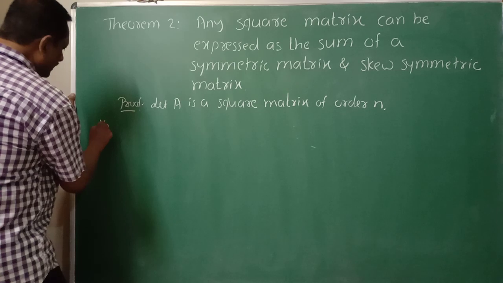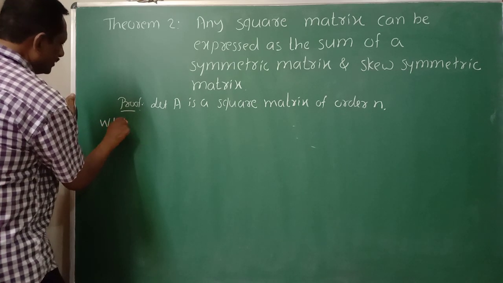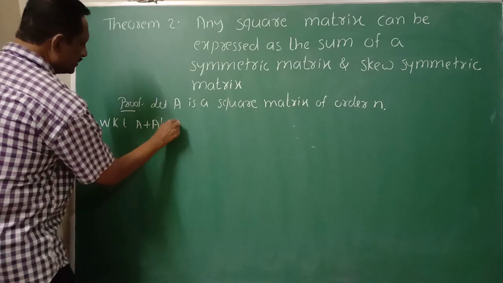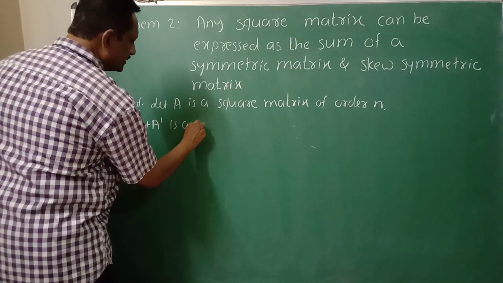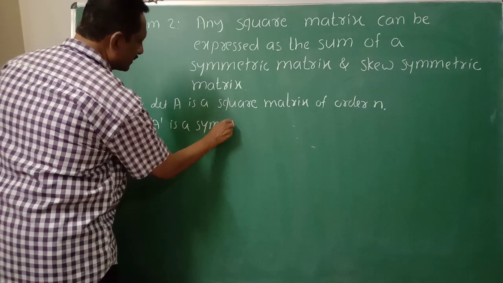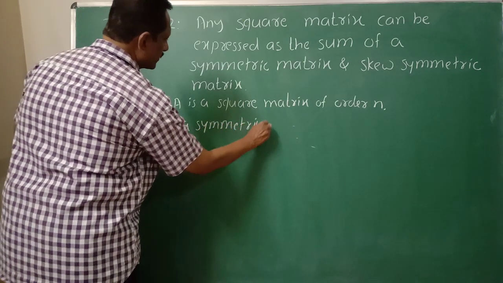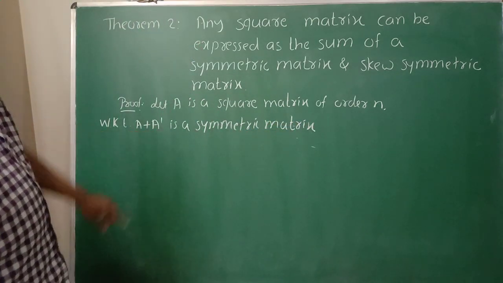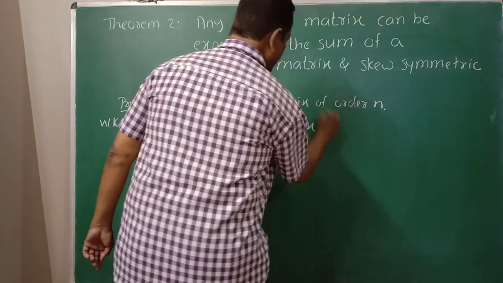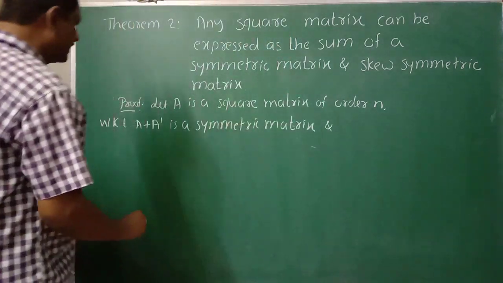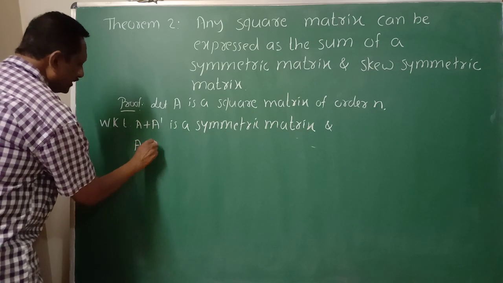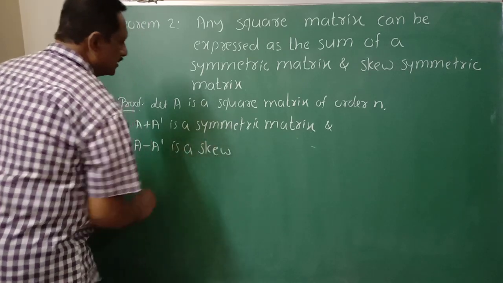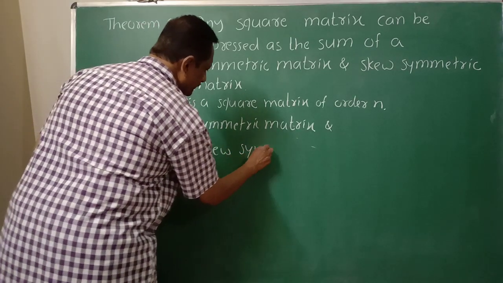So therefore, we know that A plus A dash is a symmetric matrix and A minus A dash is a skew symmetric matrix.